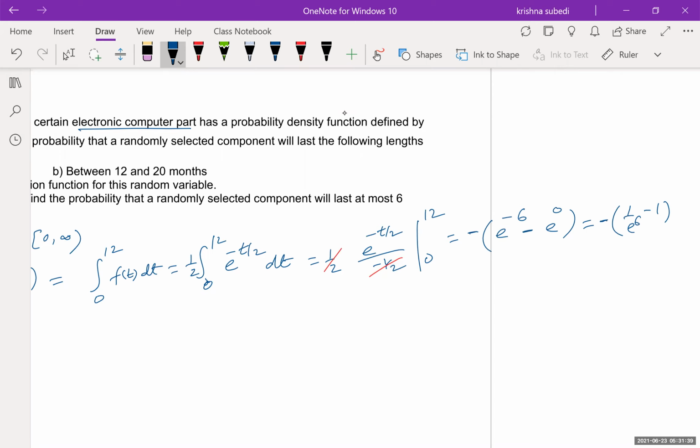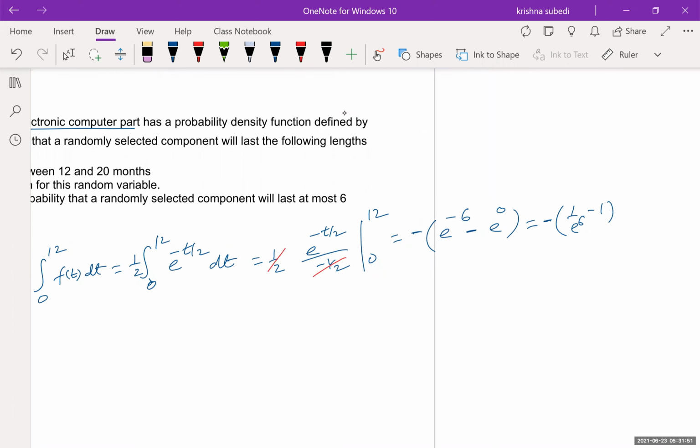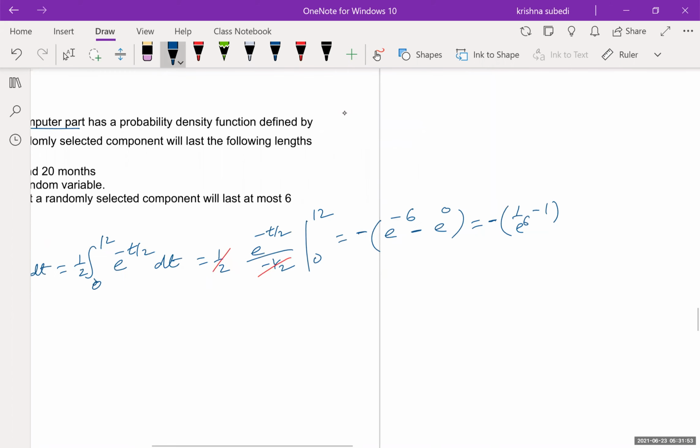And I need your help, guys. How much is that going to be? Okay, so how much will this one be? Is it 0.99? This is approximately what my calculator is giving me, and I want you to verify this is the correct answer. Or we can say the probability is almost 99.75%.